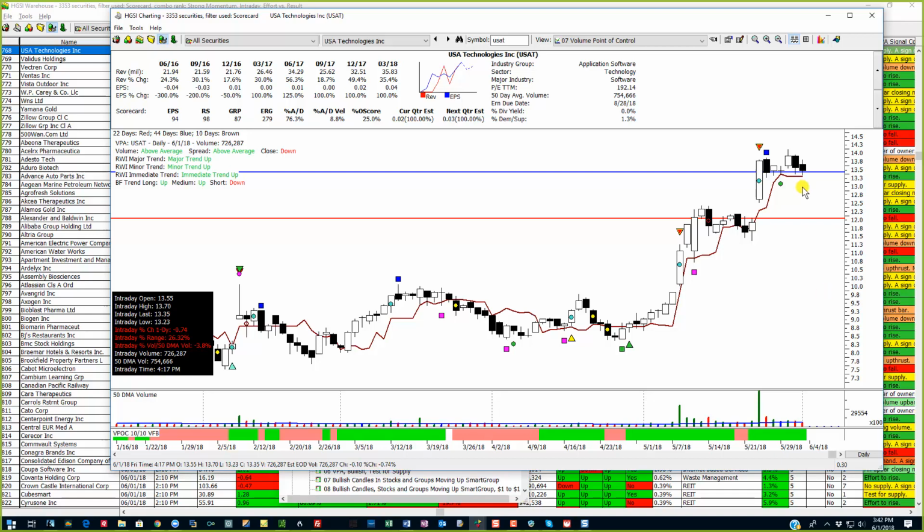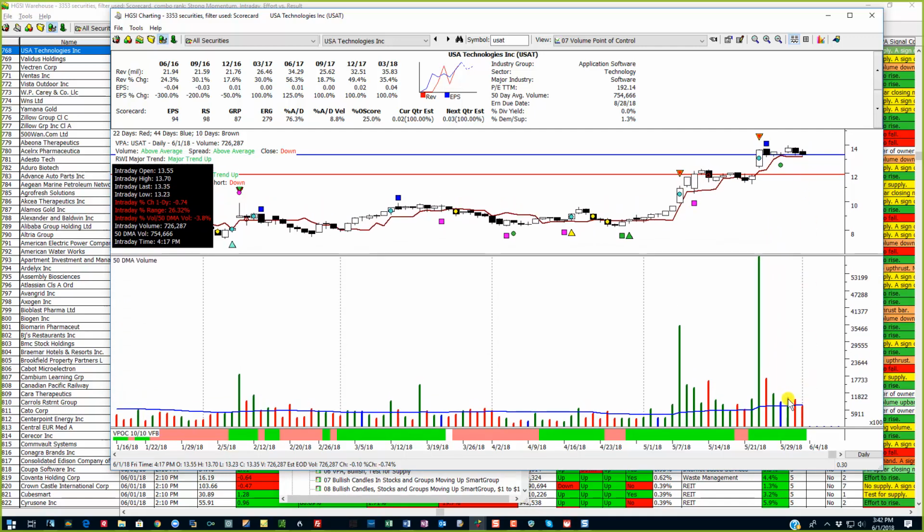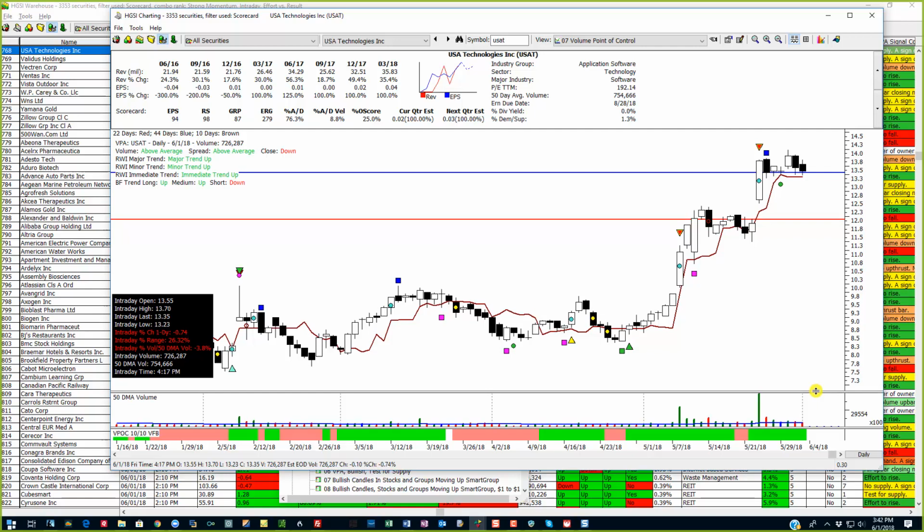I'm not going to put a hard stop in on it. I'll put an alert in on it on Thinkorswim, but I am not real concerned about it yet because look at this selling, look at the volume falling off. This is where VPA comes in, or volume price analysis. There is not a lot of selling pressure on this stock.